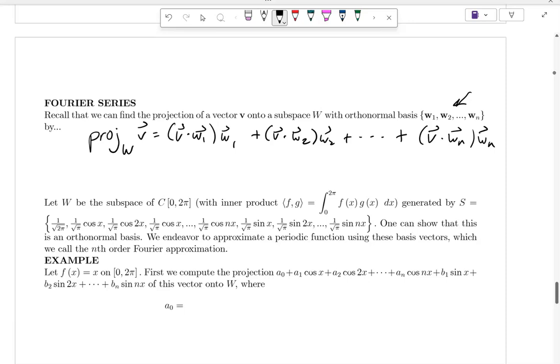There should be a 3 in there. All right, so we're going to do a constant, cosine of 1x, cosine of 2x, cosine of 3x, and so on to cosine of nx. And then sine of x, sine of 2x, all the way out to sine of nx.